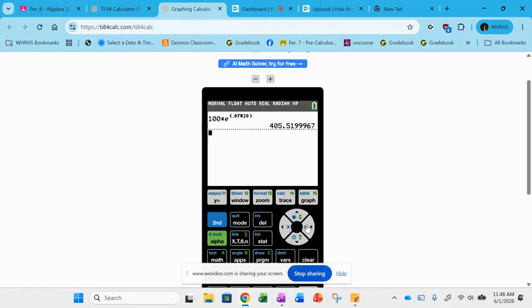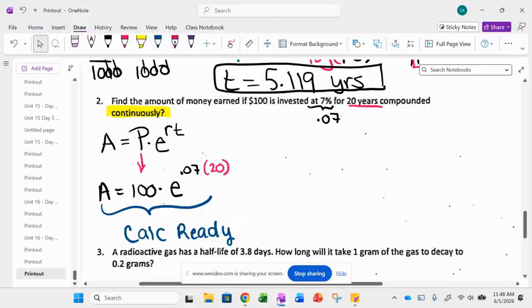Money. Do we ever have 3 decimal places for money? No. How many decimal places do we have for money? 2. So even if I tell you on the whole test to round to 3 decimal places, if it's a word problem that involves money, do not do 3 decimal places. Only do 2. So what does this become? 405.52.